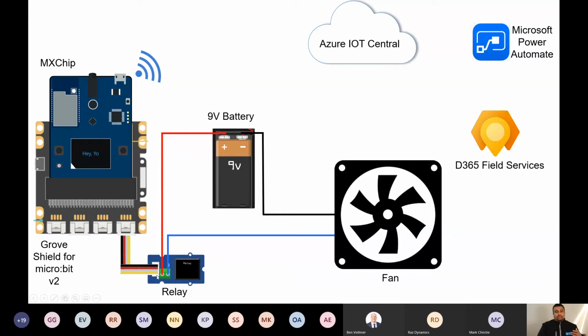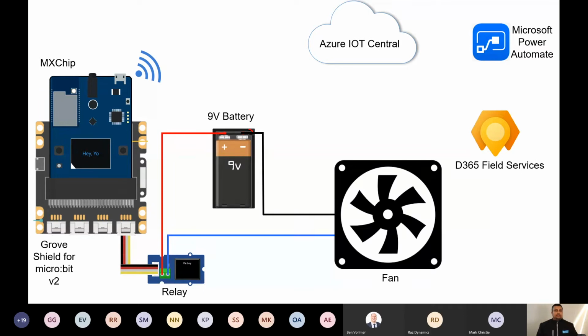The relay has the ability to go and trigger a fan. So the scenario here is I'm sending a self-healing code to Azure IoT Central, and when the code is received by the MX chip, it will trigger the relay, which acts as a switch, and it goes and turns on the fan. And when the job is done, it will turn off the fan.